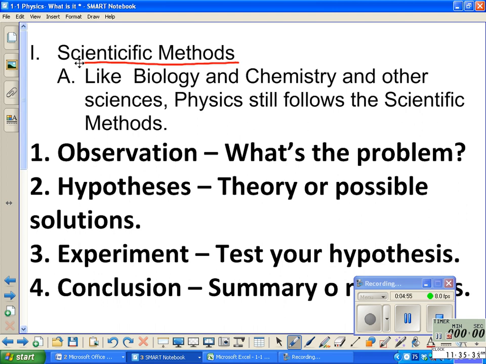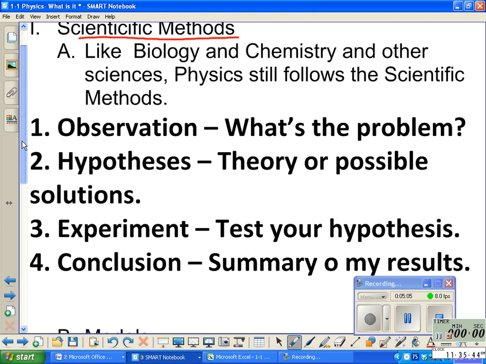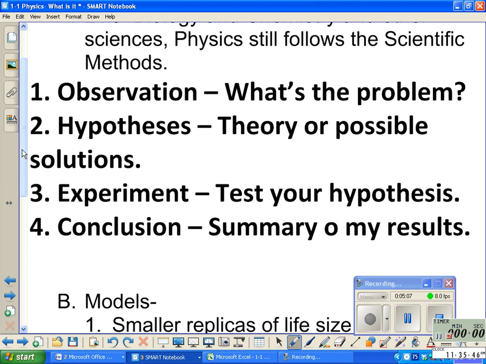We should remember that there are several different methods you can utilize to develop your scientific research. Step one, and depending on who you ask, some people do 4 steps, some people do 5. I have the 4-step process for us, but if you use a 5-step, it's fine. Step one is the observation. What problem are you trying to solve?